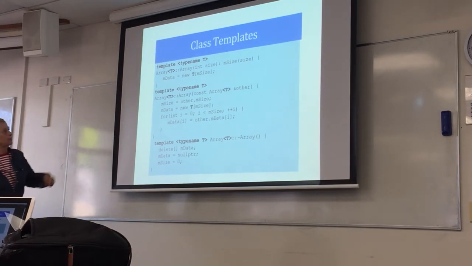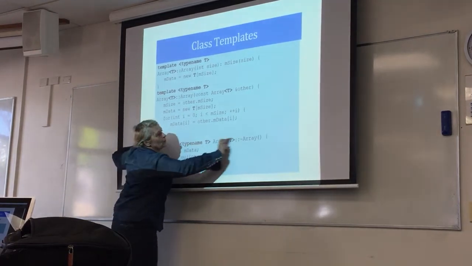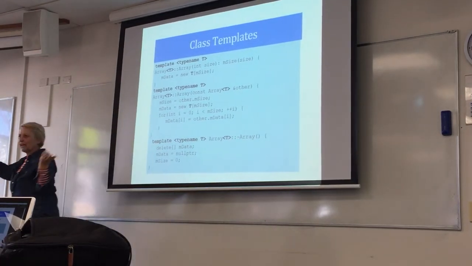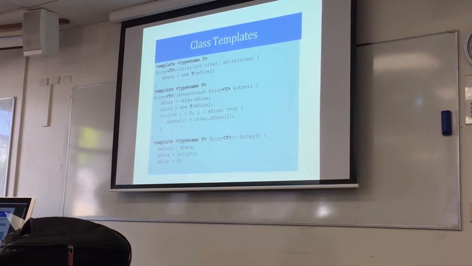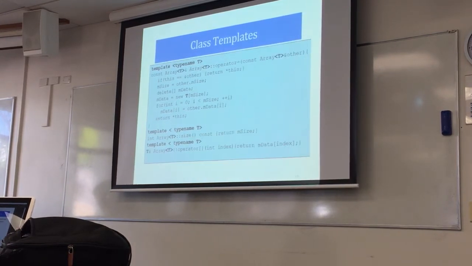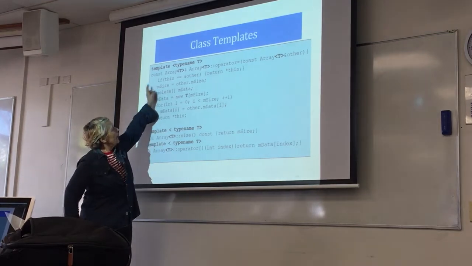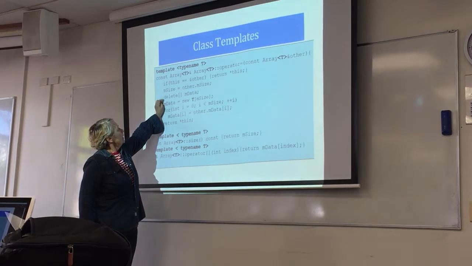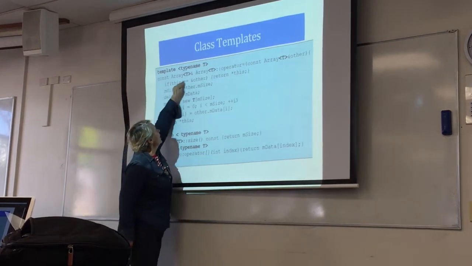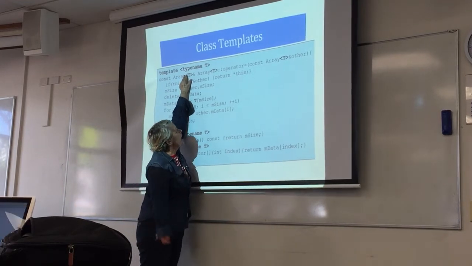You can write like this, the prefix here, or you can write in one line. Sometimes the lines become very long. That's why people used to put it on 2 lines. It's okay. The assignment operator. Okay, so it returns a reference to an array object type.